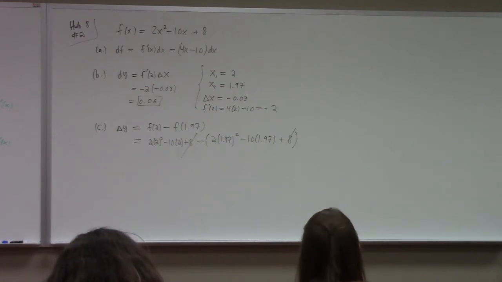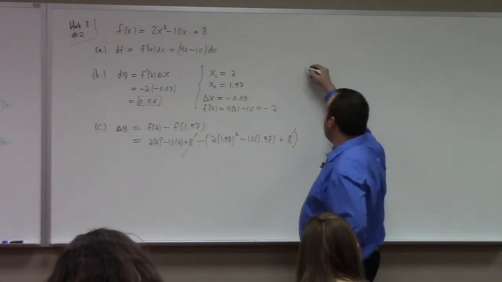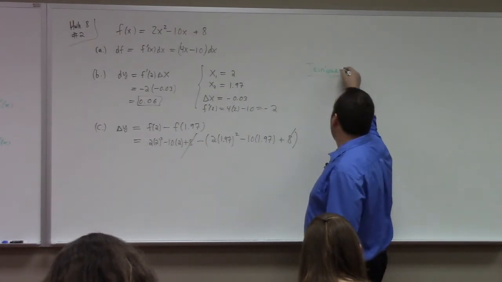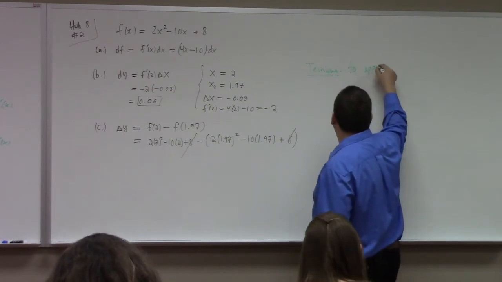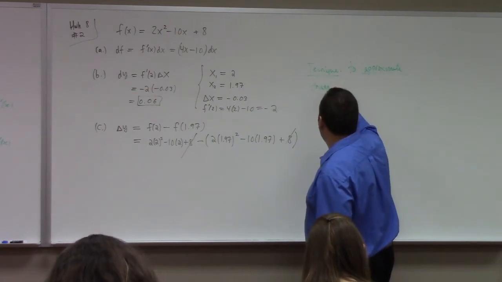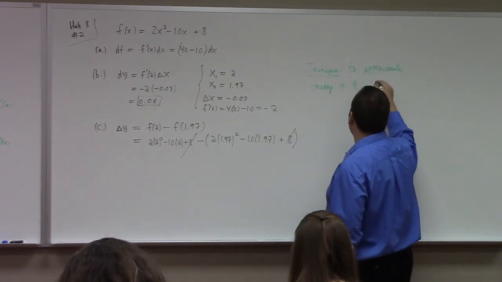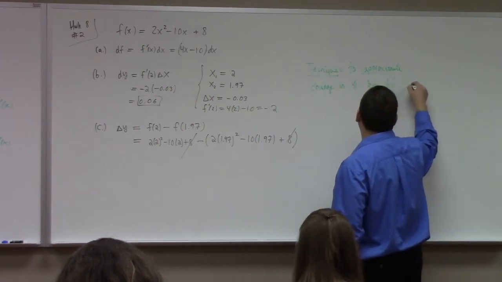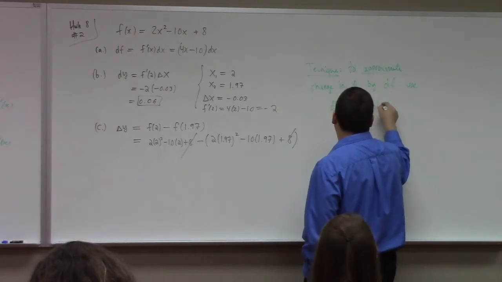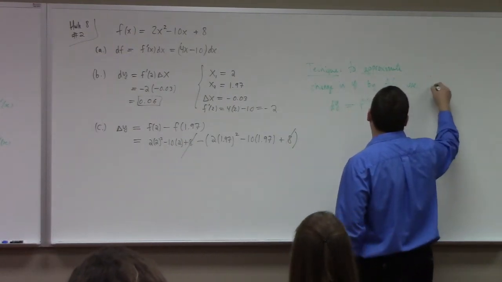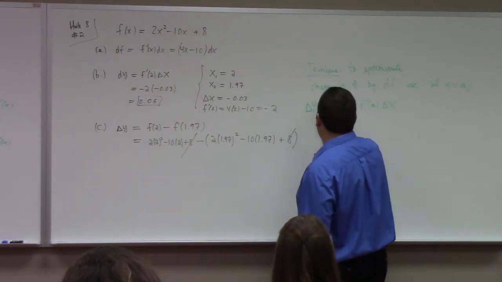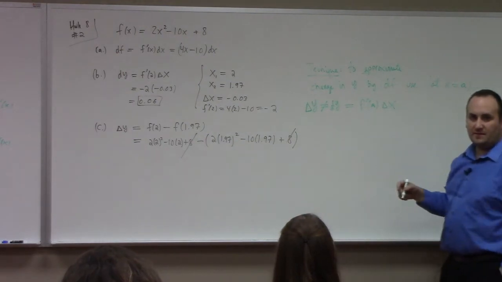So this is a little technique to approximate the change in y: we use dy equals f prime of a times delta x, at x equals a. Now, dy and the change in y are different. This is not equal, but it's approximately the same.